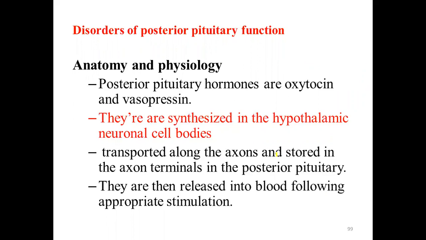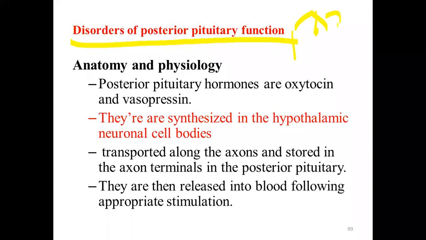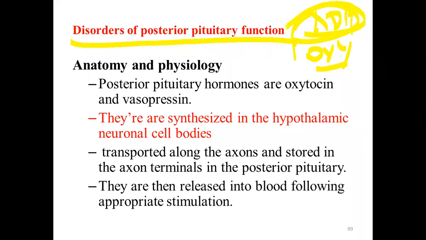So, disorders of the posterior pituitary function. Remember, the posterior pituitary gland only produces antidiuretic hormone as well as oxytocin. So most likely today we are going to see problems with the posterior pituitary hormone.